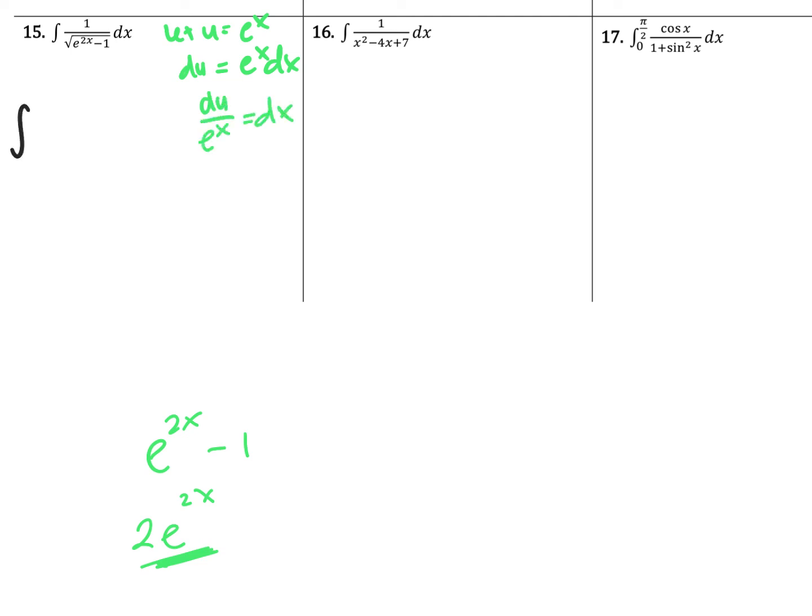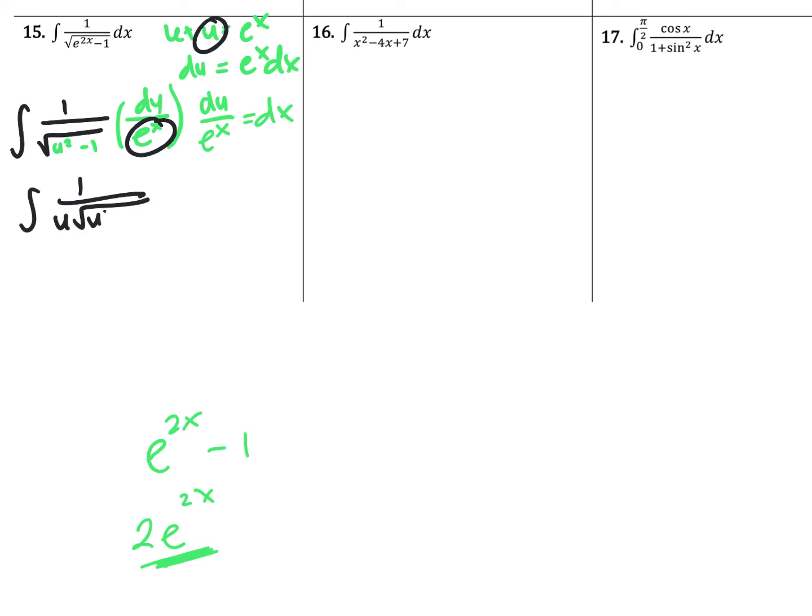And then I'm going to rewrite my integral. This is going to become 1 over the square root of u squared, since e to the 2x is u squared, minus 1 times du over e to the x. What this means is that I can substitute in u for e to the x. So this is 1 over u times the square root of u squared minus 1 du.